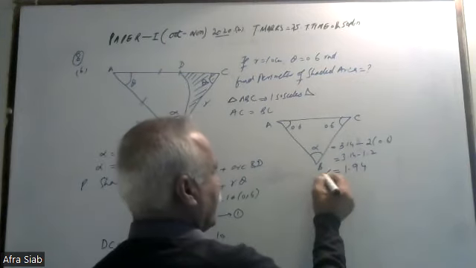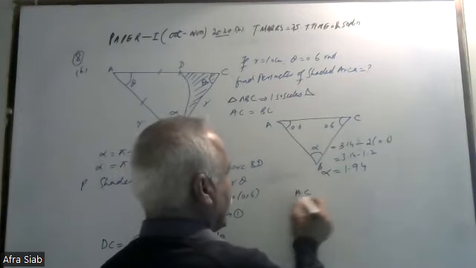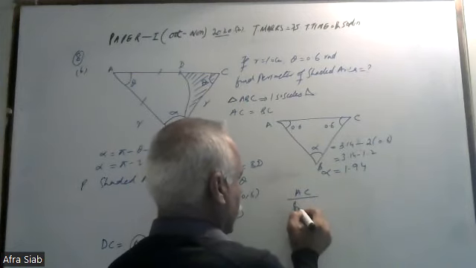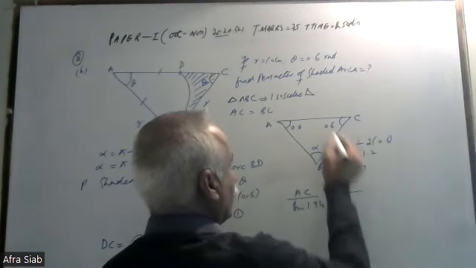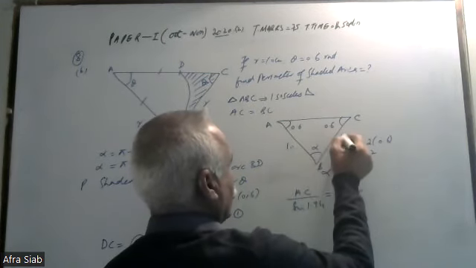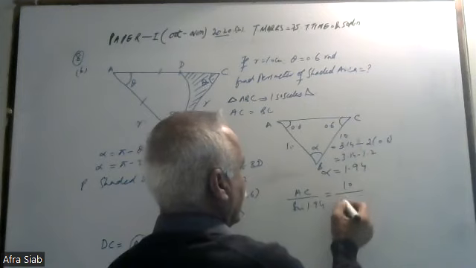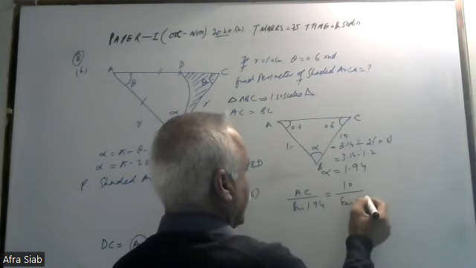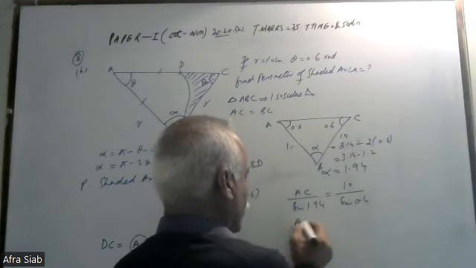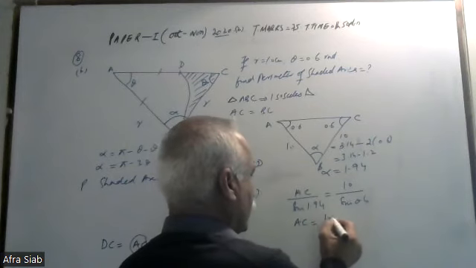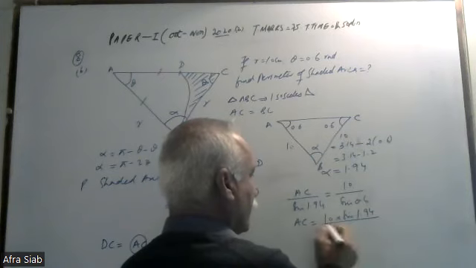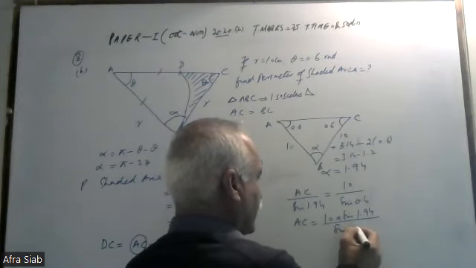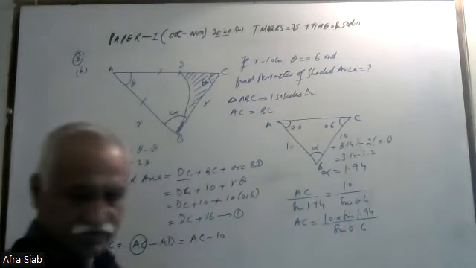So this is angle alpha there. Then AC over sine of 1.94 is equal to 10 over sine of 0.6. So AC should be equal to 10 into sine of 1.94 over sine of 0.6.